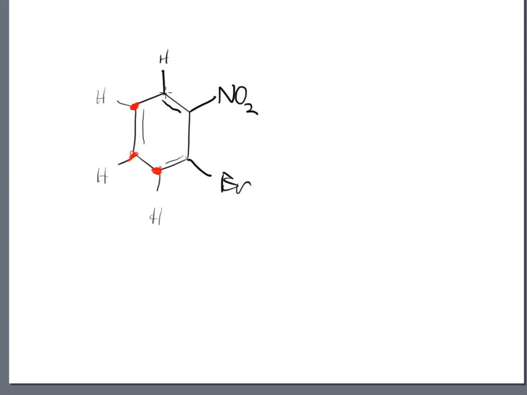And then the next one is 1 and 2 away from the bromine. Position-wise, away from the bromine, those are both in the same ortho, meta, those are the meta positions of the ring. It's just meta one way and meta the other way, right? Ortho, meta, and then ortho, meta.